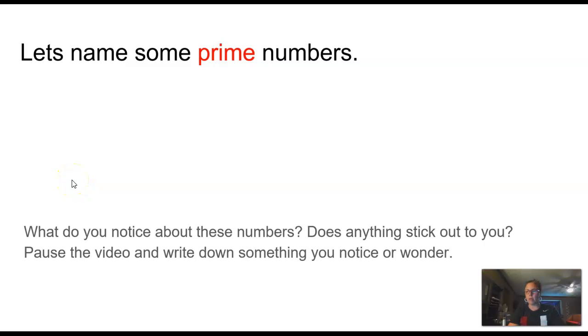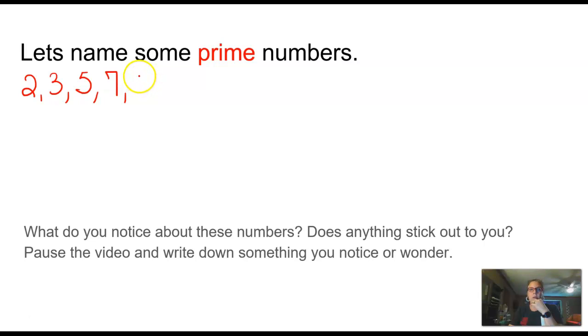Let's name some prime numbers. I'm just going to start naming some and you write them down. So we have the number 2, we have the number 3, 4 is not prime, but 5 is, 6 is even, so it's not prime, 7, 8, is 9 prime?